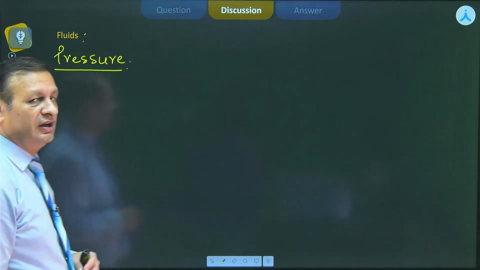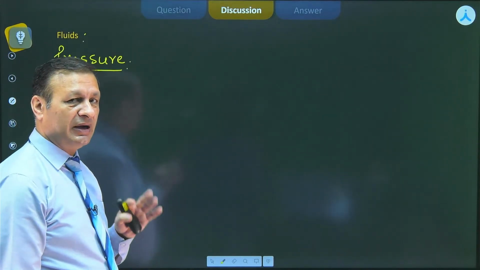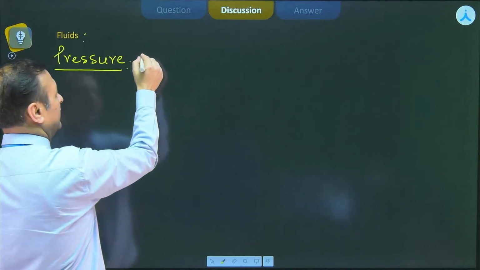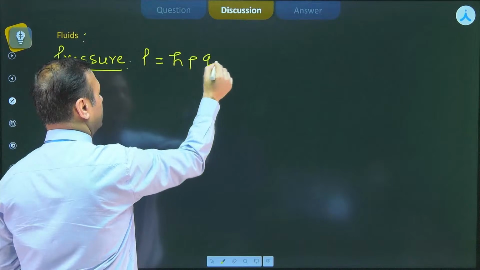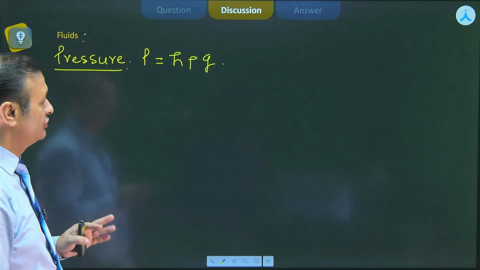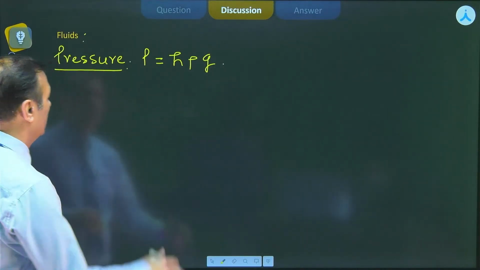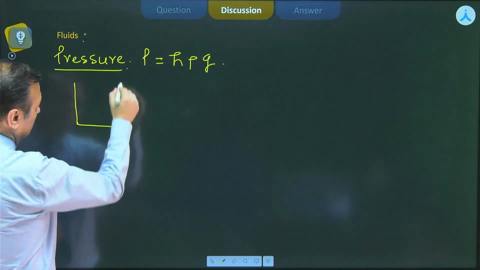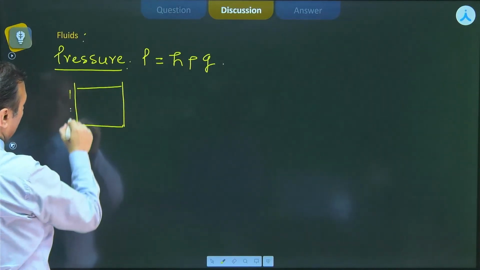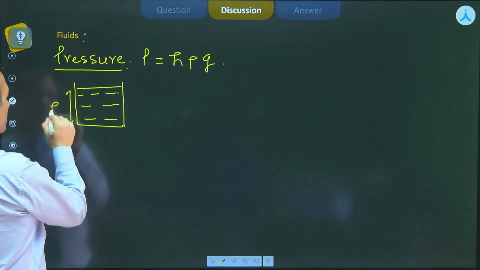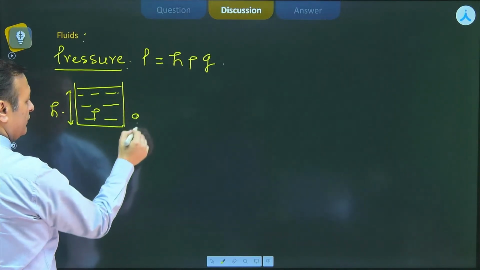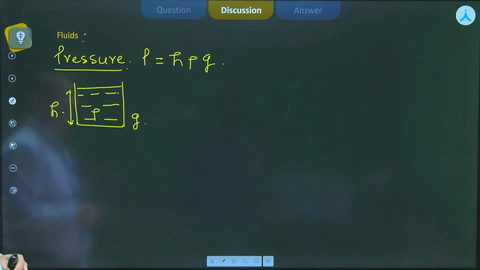So what is the pressure exerted by the liquid column of height h? That is h rho g, where h is height of the liquid column, rho is the density, and g is definitely acceleration due to gravity.